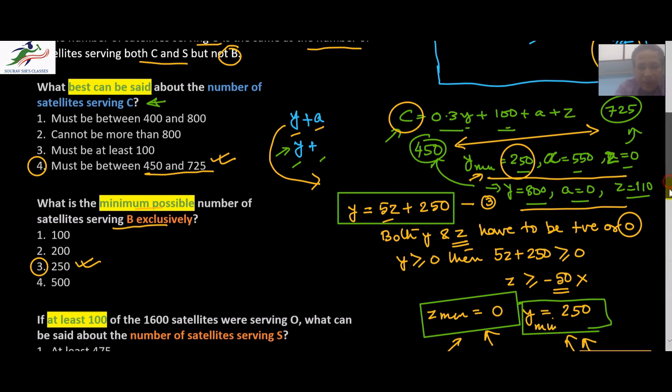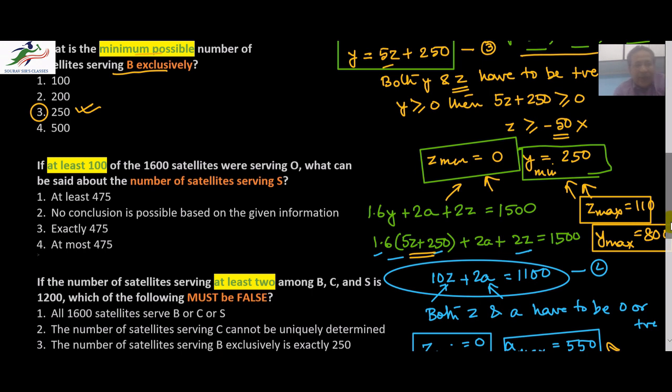Next, if at least 100 of the 1600 satellites were serving O, what can be the number of satellites serving S? So at least 100 is serving O means Z is greater than or equal to 100, and we know that this is less than or equal to 110.